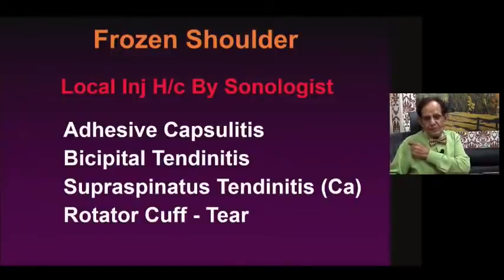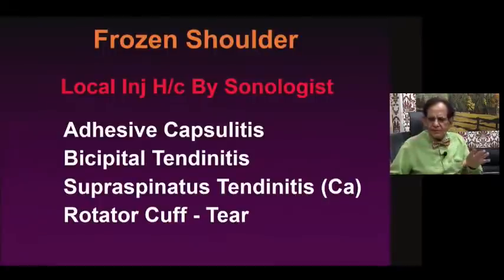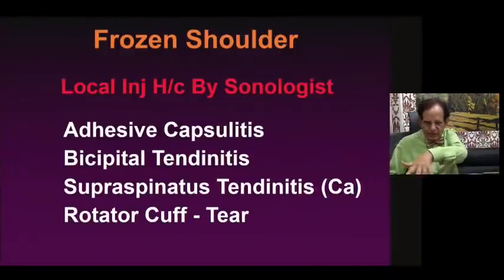And sometimes supraspinatus tendinitis, this muscle tendon, there is calcium deposition, that's causing this frozen shoulder. Then what he has to do is he just takes a needle and removes calcium. Finished. The pain is gone. So you can see the diagnosis and the treatment both by the sonologist. And lastly, sometimes your diagnosis is wrong and it's a tear of the rotator cuff, the tendons of the rotator cuff are like this.